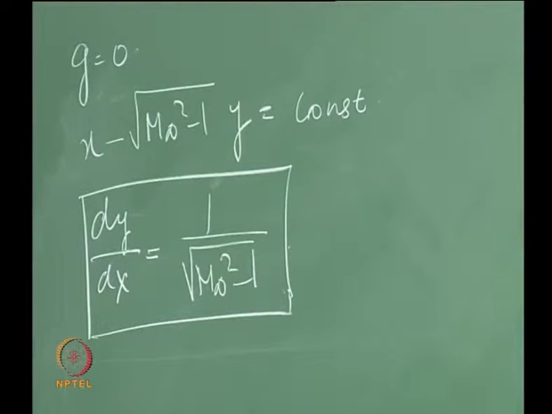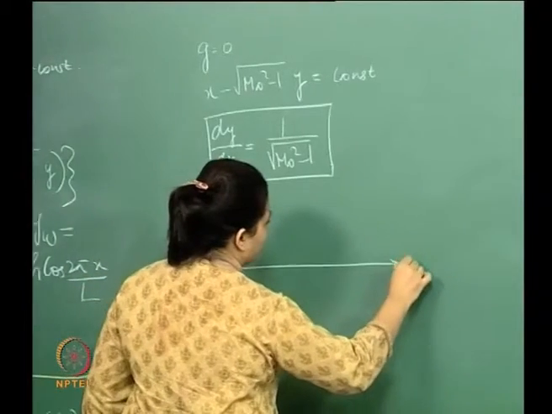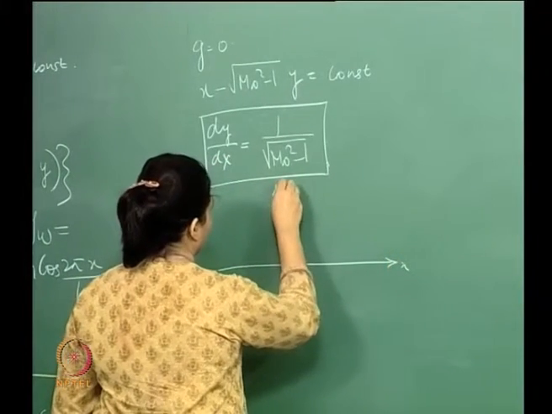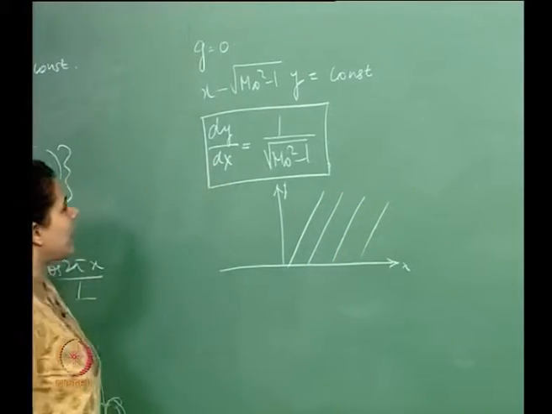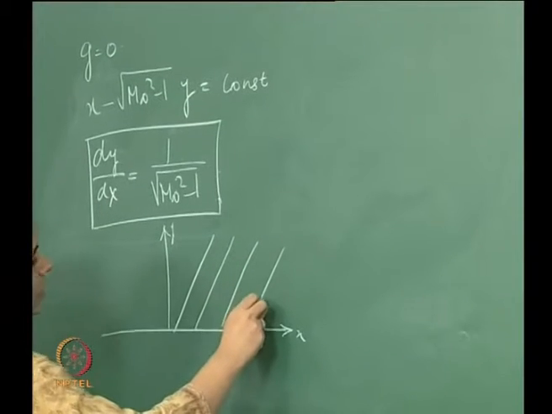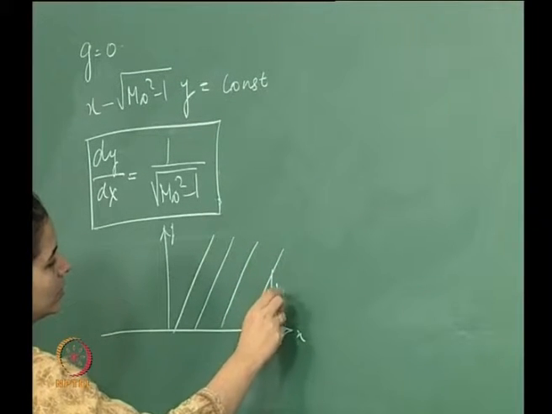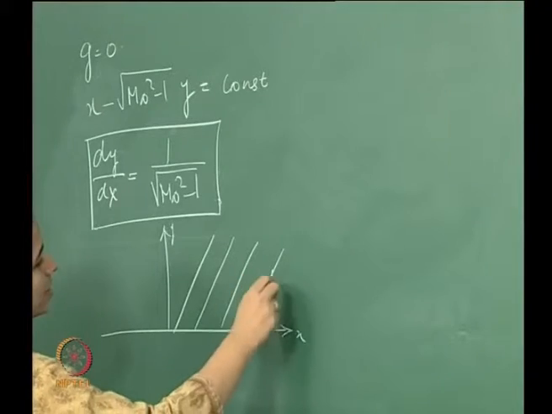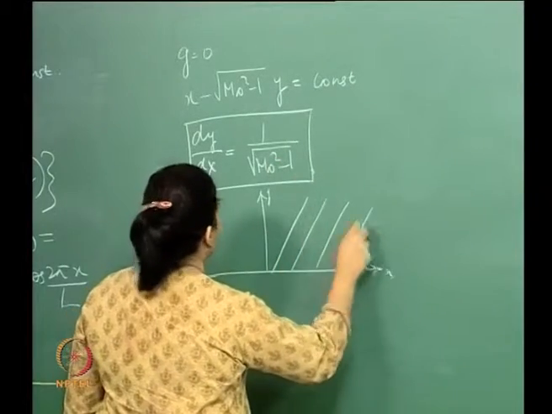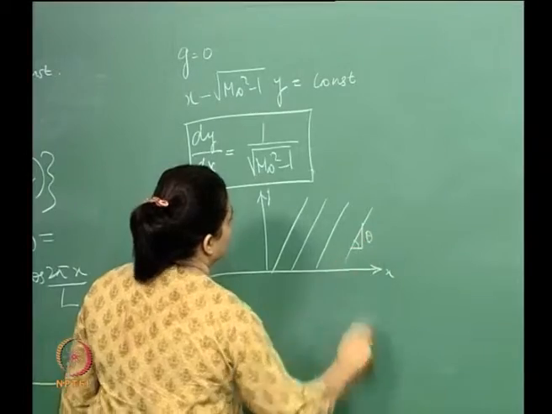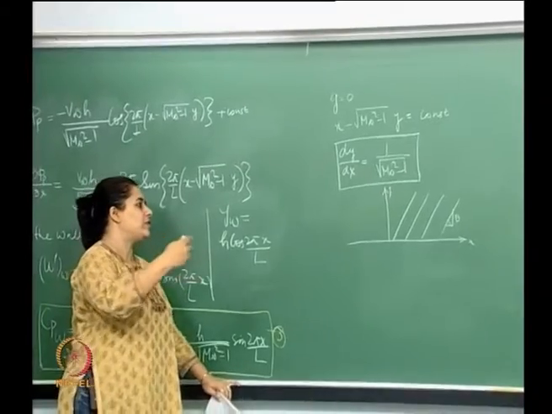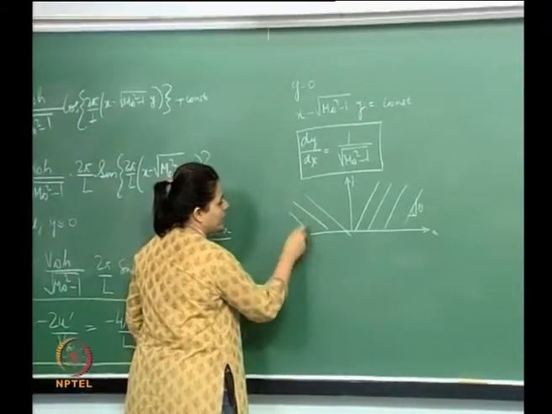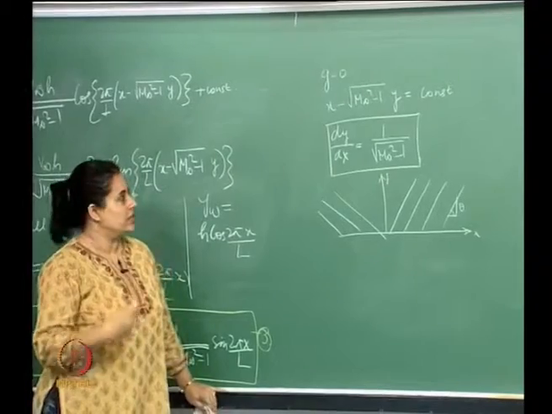So essentially we are going to get these lines which have a slope given by this. Let's say this is theta. These are the right running characteristics we will get, and if you put f equal to 0, we will get the left running characteristic. This is something that we did earlier on.